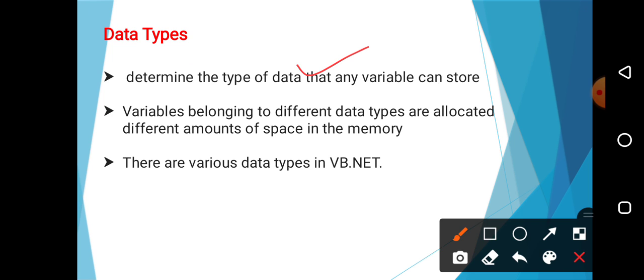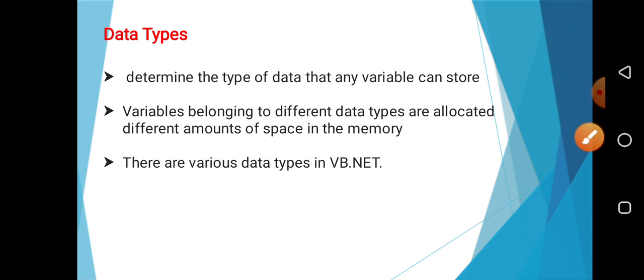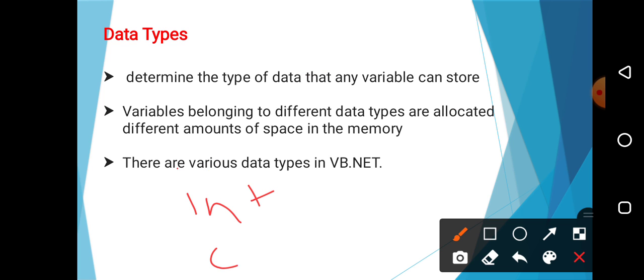Variables can belong to different data types as I explained before, and there are various data types in VB.NET. Students, you have already heard of int, char, and float in C or C++. These are data types because we are using them to represent our data. In the same way, we are using different data types to represent data in VB.NET.